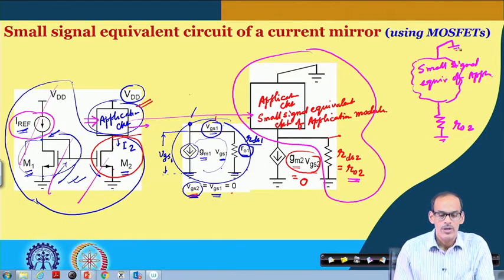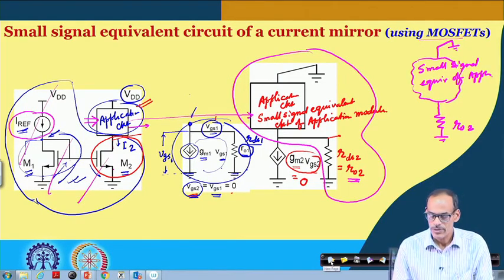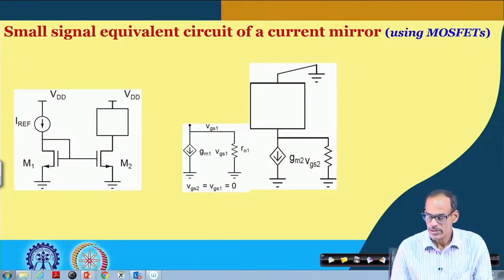Okay. So, likewise whenever we have a current mirror implemented by BJT instead of MOS, then also we will get a similar kind of circuit. So, let us see that.